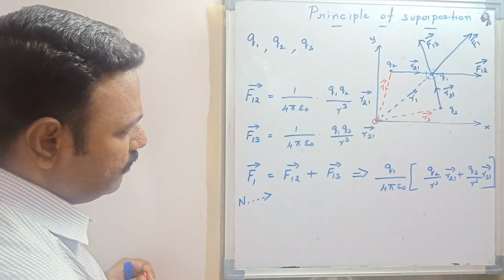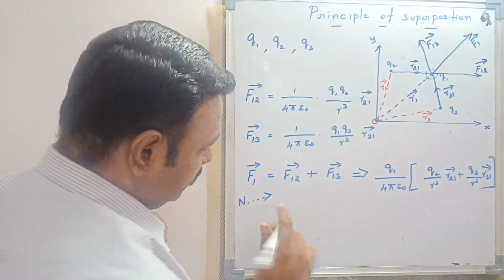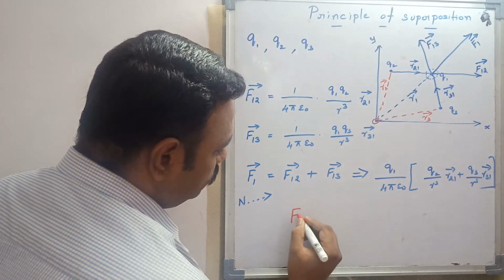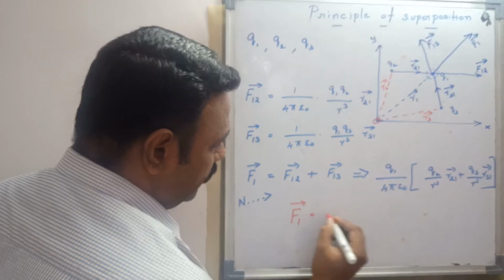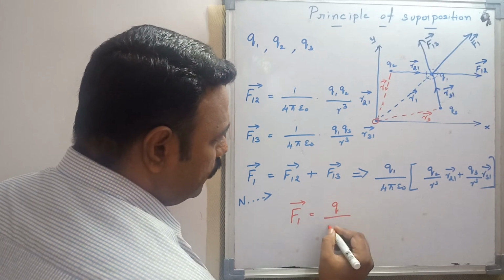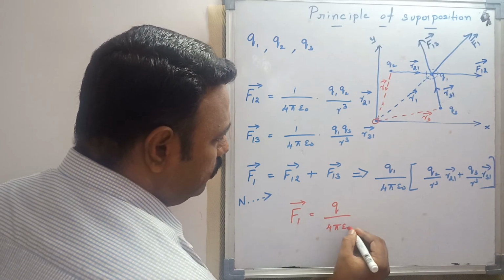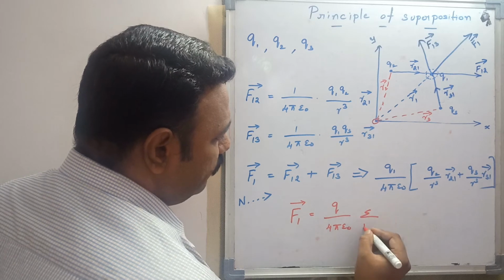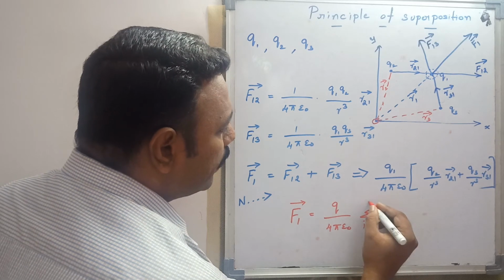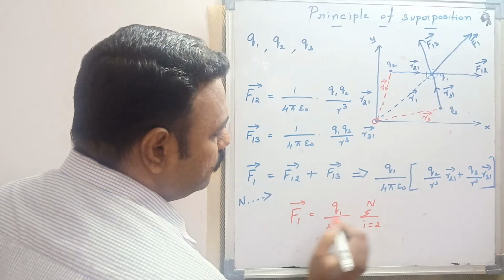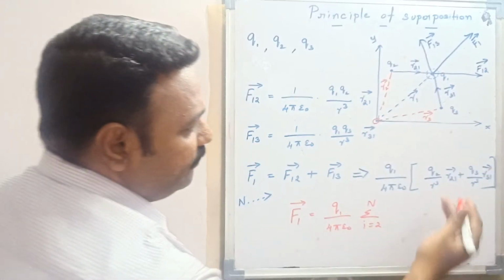So for n number of charges you can make the equation as F1 vector is equal to Q1 by 4 pi epsilon naught, summation of i equal to 2 to n, because the first one is Q1 and we start from the second charge only.